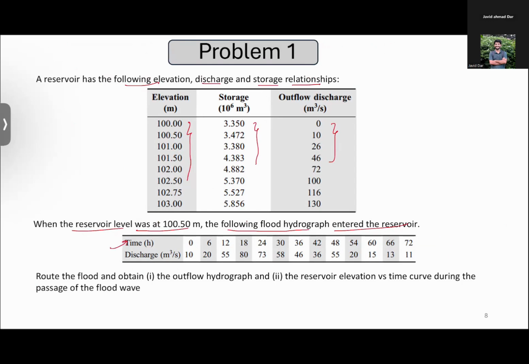You are given the time and the discharge, and you need to route the flood and obtain the outflow hydrograph, the reservoir elevation, and the time curve during the passage of the flood wave. This has to be done using the modified Puls method. So if I write down the steps, then we can go to the Excel sheet also.